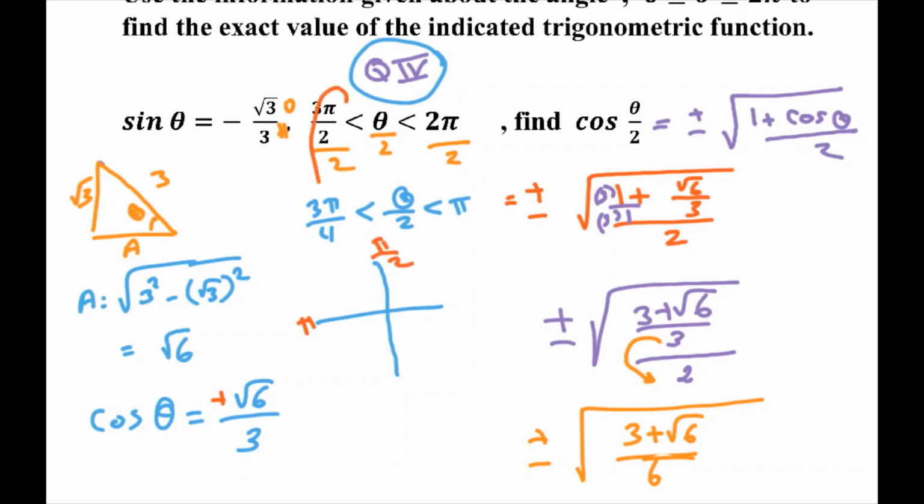It's between 3 pi over 4, so somewhere here. So we are talking about something between this angle all the way to this one. This is in quadrant 2. In quadrant 2, cosine is negative. So we'll erase the positive sign. So this is the answer.